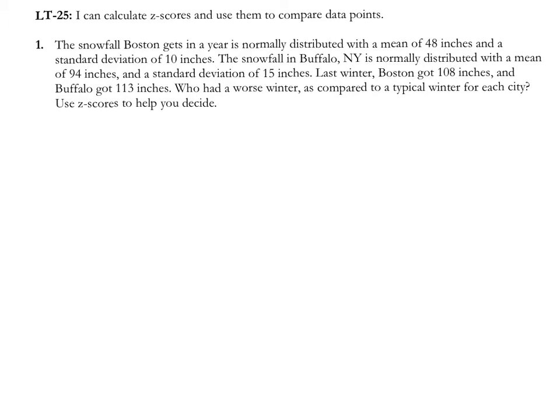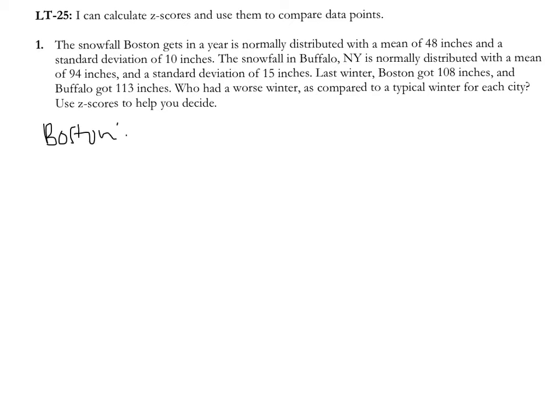So we're not asking you to say, oh, Buffalo got 5 extra inches, therefore their winter was worse. The question asks, who had a worse winter as compared to a typical winter for each city? So we want to compare the snowfall that they got to what is typical for their city. So before we get started, where this is sort of a long word problem and there's lots of information given, I'm just going to jot down the important information by city.